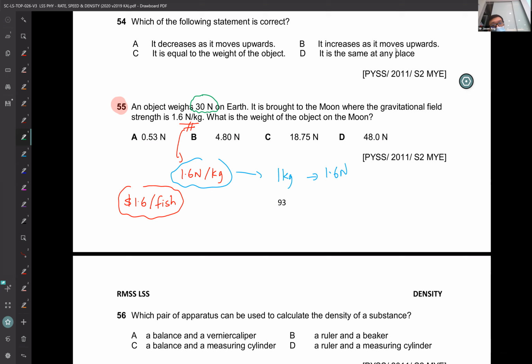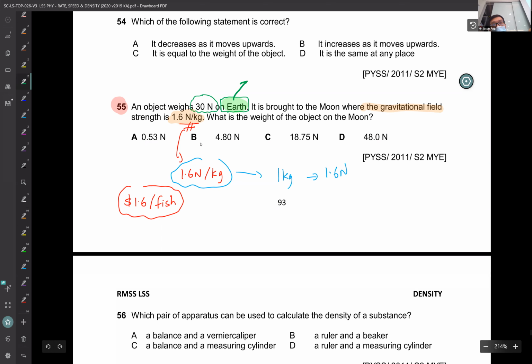Now, you notice they use the words on Earth. So this is the tricky part. Earth has its own gravity value, and the moon has its own gravity value. This is the value of the gravity on the moon.